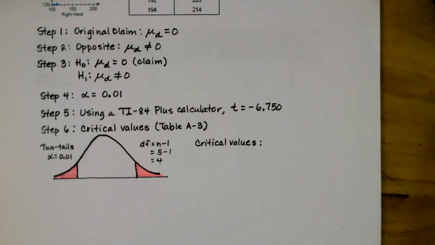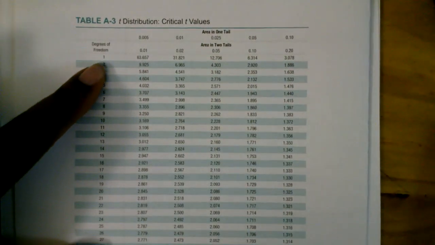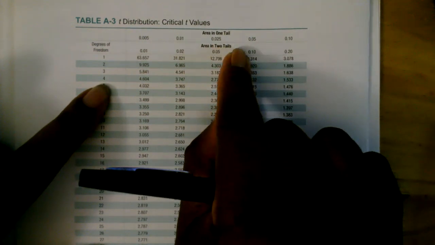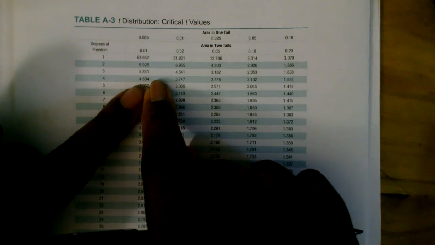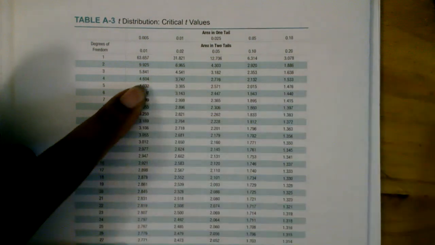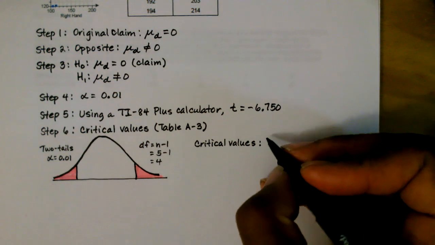So in this case here, to find my critical values, we're going to use table A-3. So here it is. Look under the column that says degrees of freedom. That's 4. We're dealing with a two-tailed test, so we have to look under the row that says area in two tails. That alpha level is 0.01, which is right here. If I go across and down, this will be the critical value that I'll be using, 4.604. However, I have a two-tailed test, so I have 2 critical values.